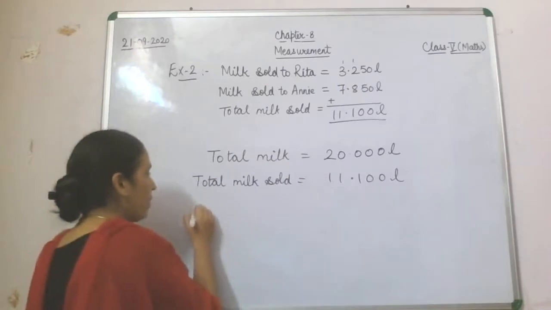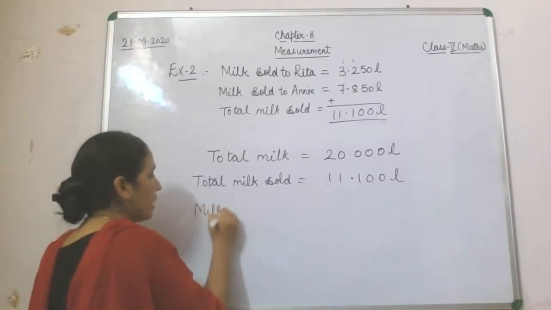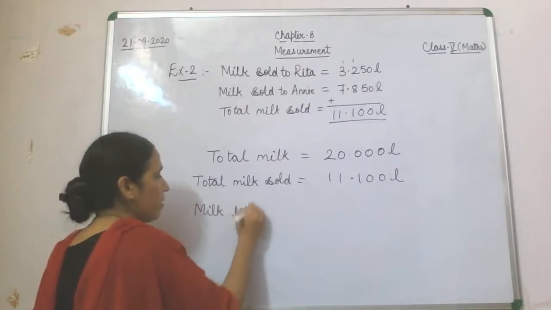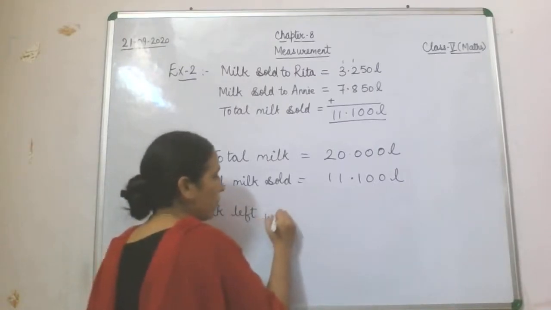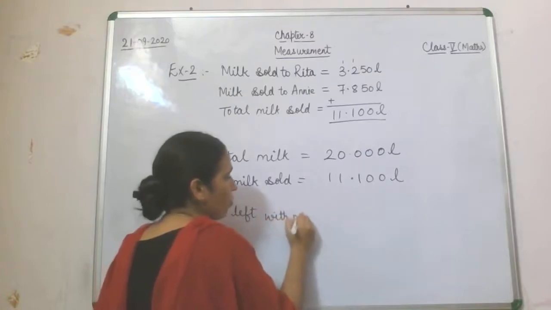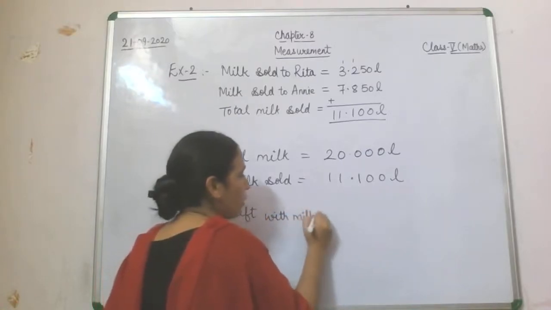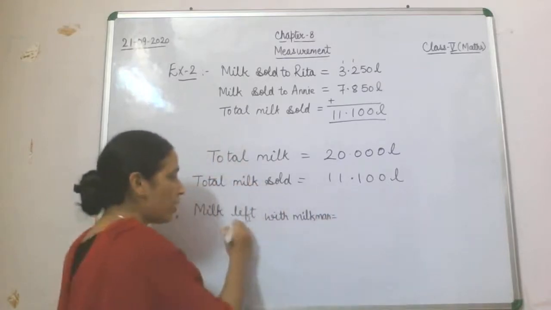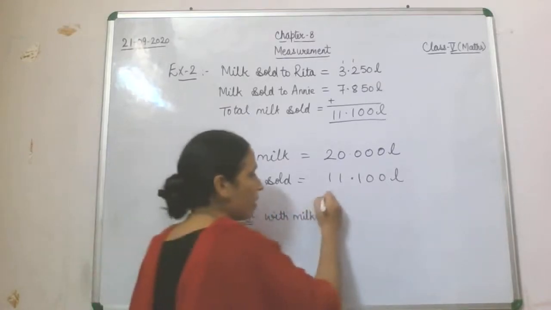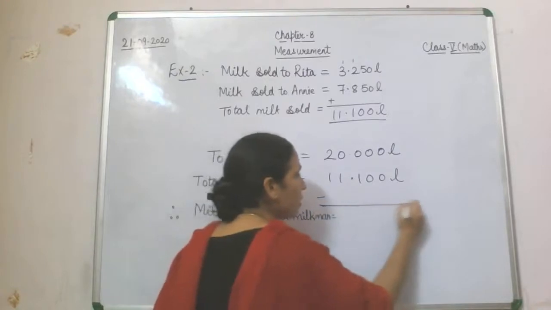Now you have to find out the milk left with the milkman. What you will do? Now you will do subtraction. As I told you, the word left stands for subtraction only. Now we'll do subtraction here.